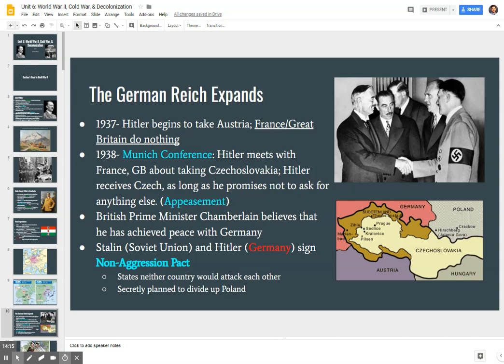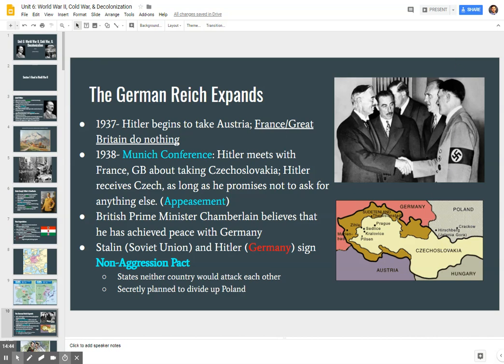Stalin is told by Hitler that he is already going to plan to break the Munich Conference agreement and invade this land over here in Poland, which they said, again, if you invade Poland, then we're going to war. Well, Hitler tells Stalin ahead of time and says, if we invade Poland, and you don't go to war with us, and don't invade and fight against Germany, then the Soviet Union can have half of Poland. We'll split it with you 50-50.